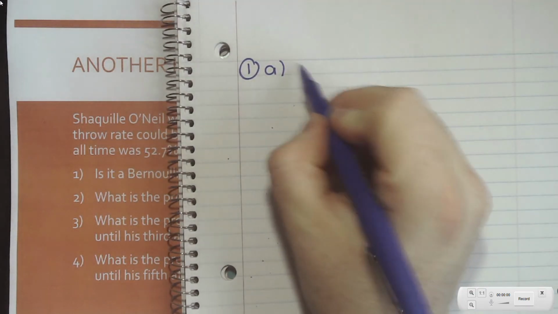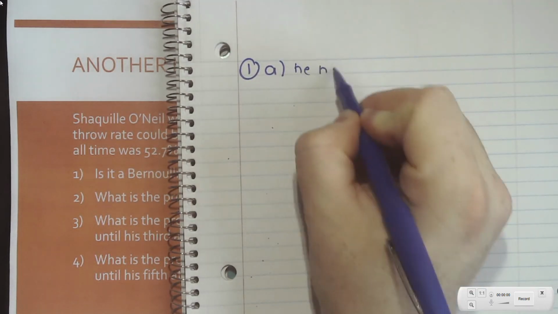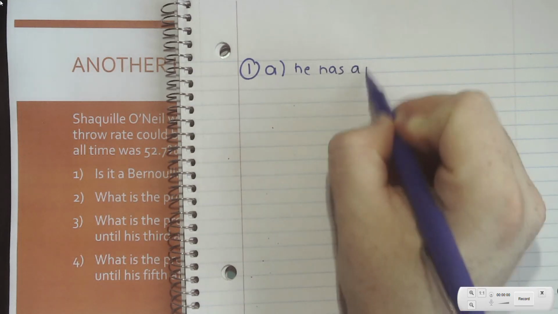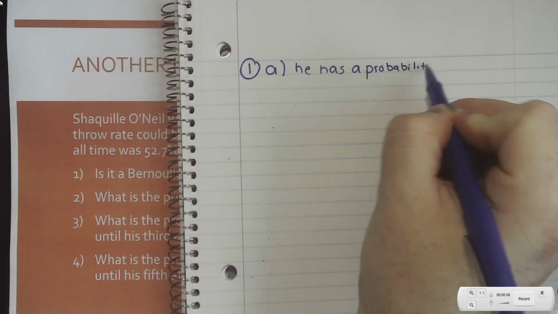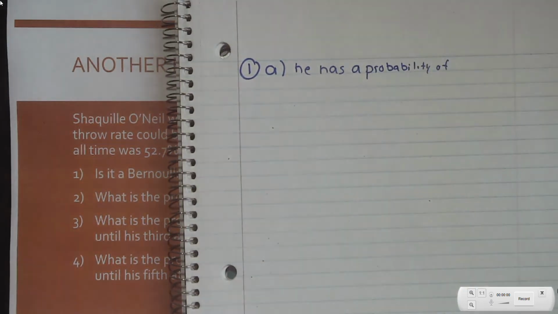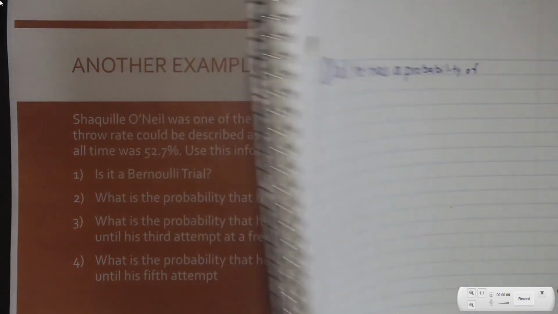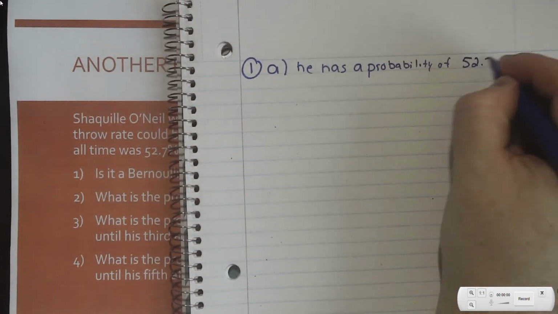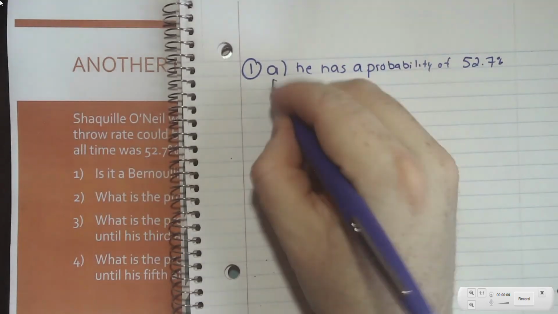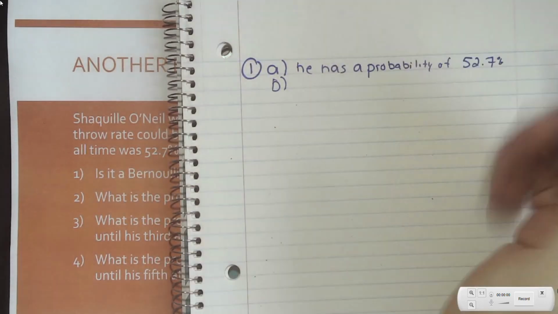It does. He has a probability of 52.7%. He has only two possibilities.